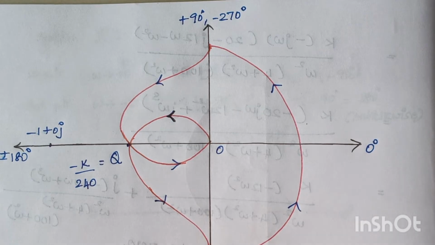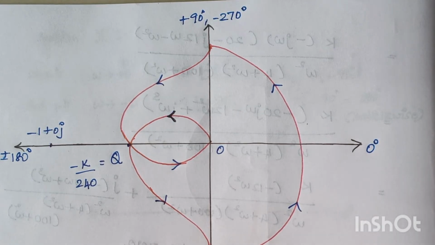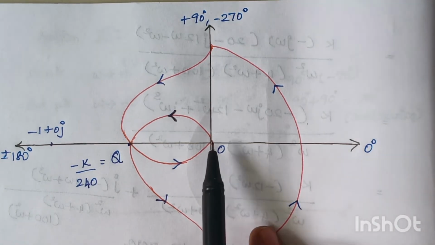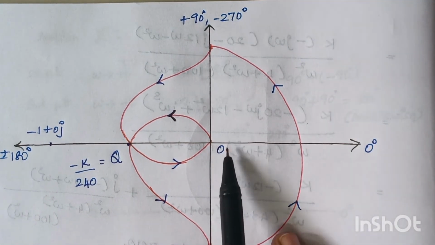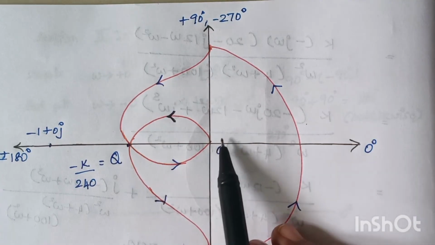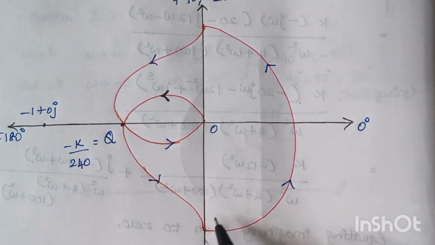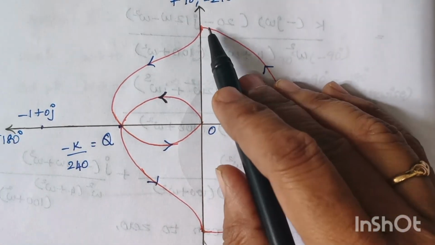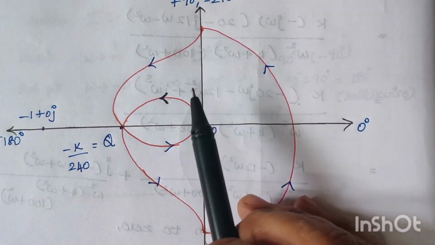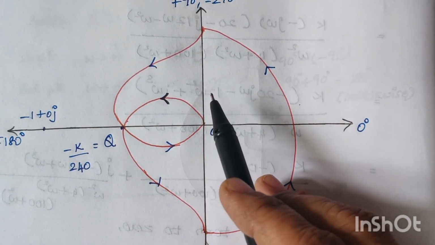So finally, we had drawn our original Nyquist plot or accurate Nyquist plot, right? So we had found out how to draw section 1. This is your section 1 and this is your section 2, and again section 3 is the mirror image of section 1.